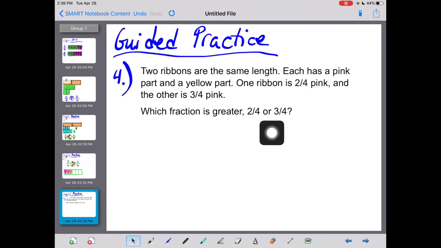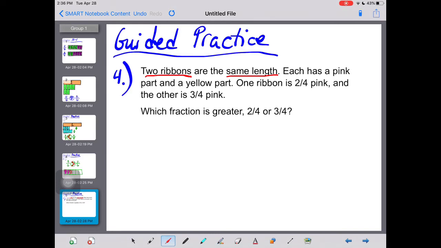All right. Now, what do we know? Let's take a look at that. We know there's 2 ribbons, and they are the same length. Super important. They're the same length. Okay, cool. So we're not talking about one small ribbon and one large ribbon.